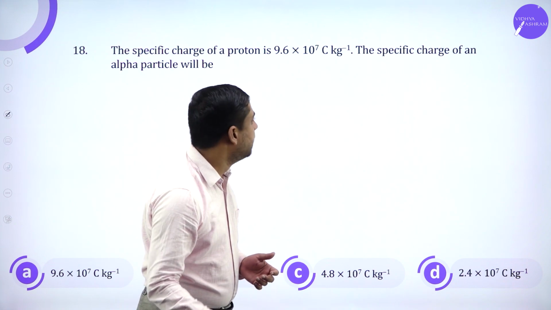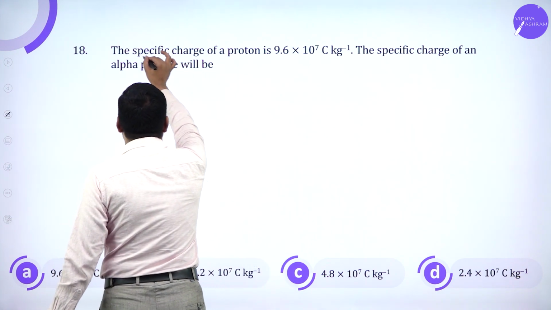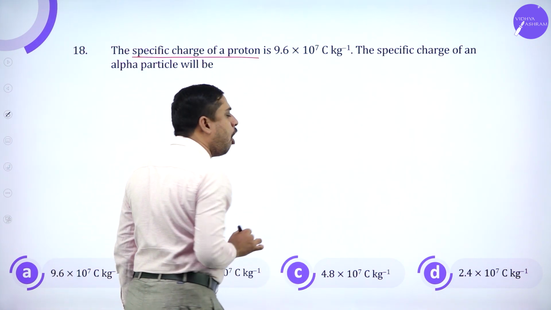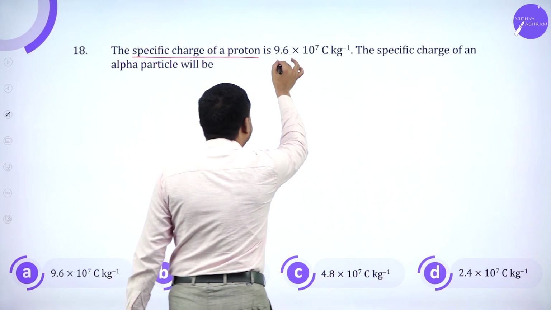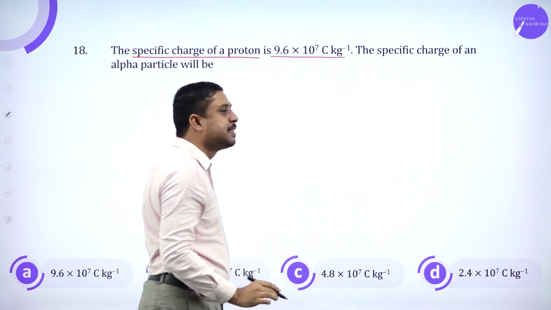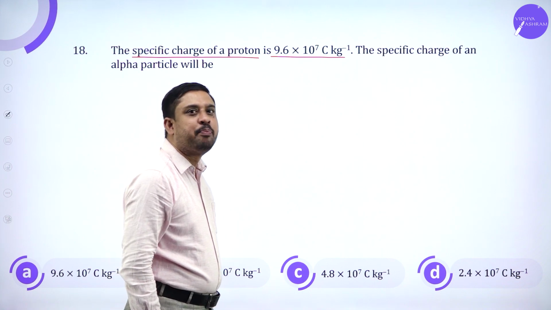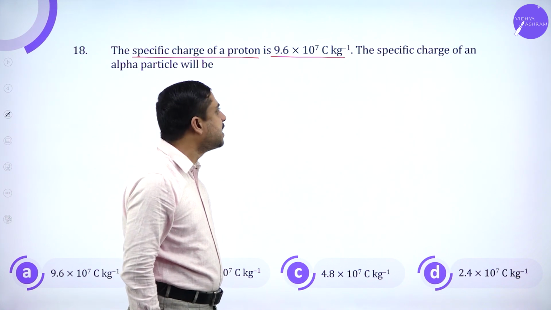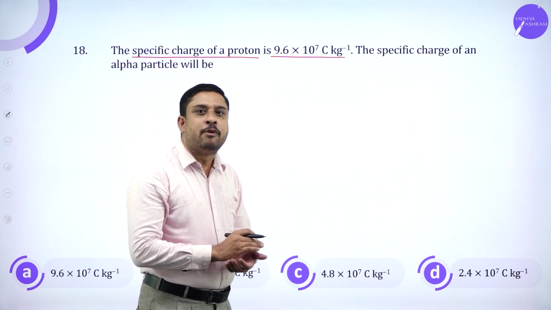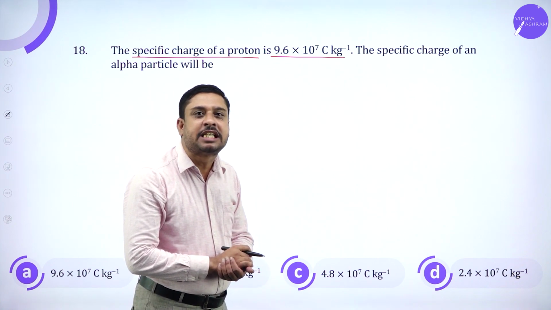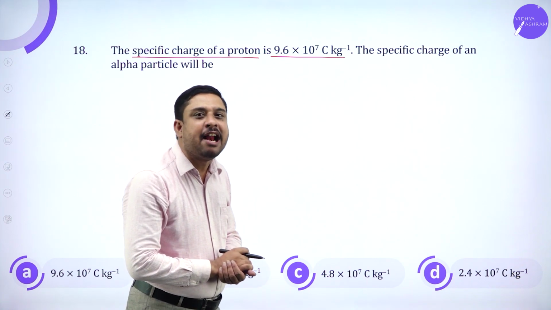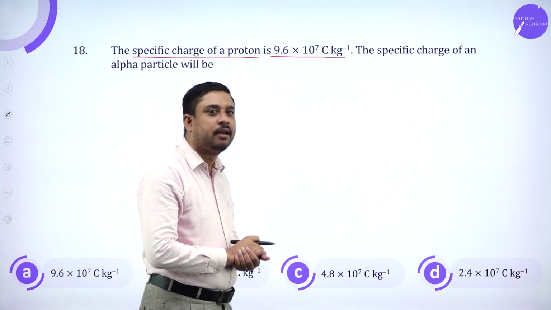Now, specific charge of proton is 9.6 into 10 power 7 coulomb per kg. Then what will be the specific charge of an alpha particle?